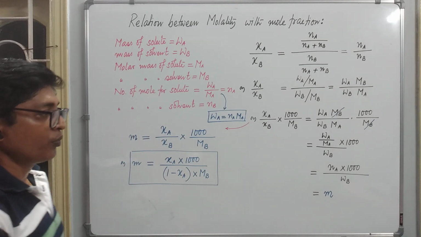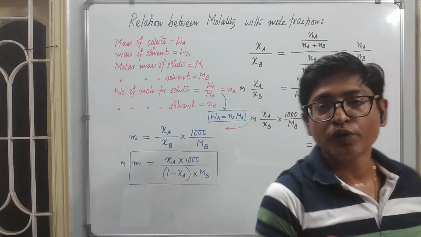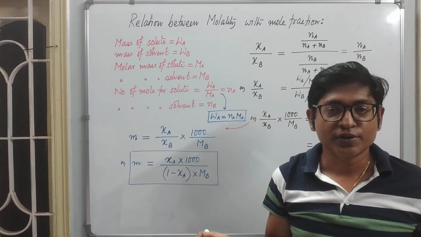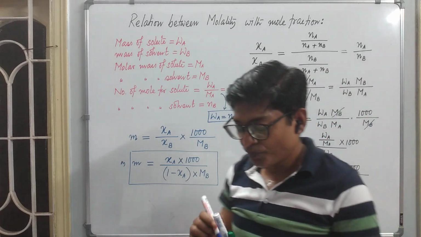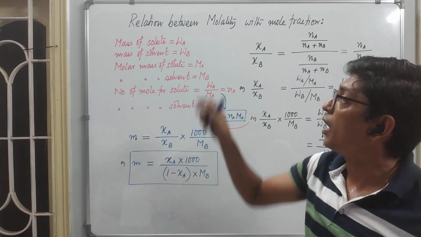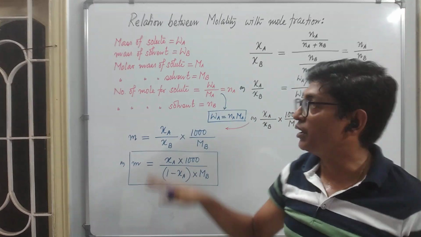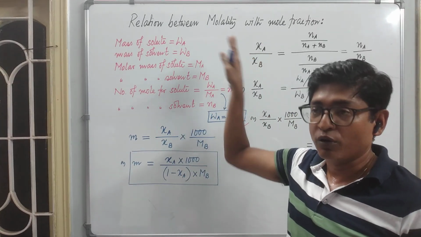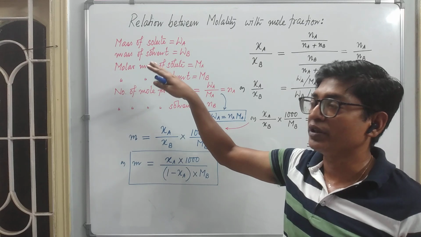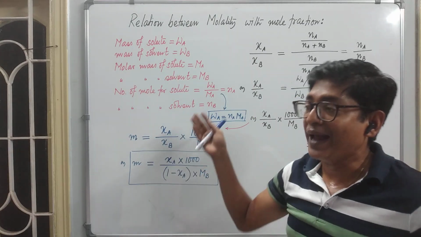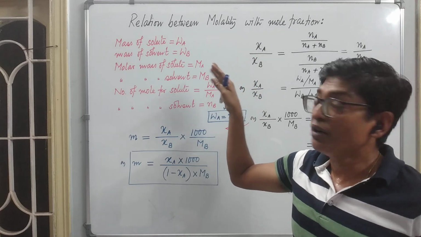Okay, so I hope all of you have understood how we can find out the relation between the various concentrations. Last video we showed you how we can connect molarity with molality. Today we have learned what is mole fraction, and how to calculate that by knowing the amount given of a solute or a solvent, whichever, and knowing their molar mass.